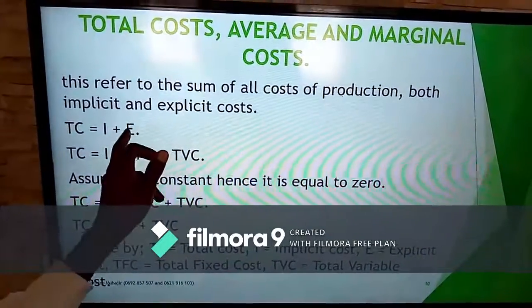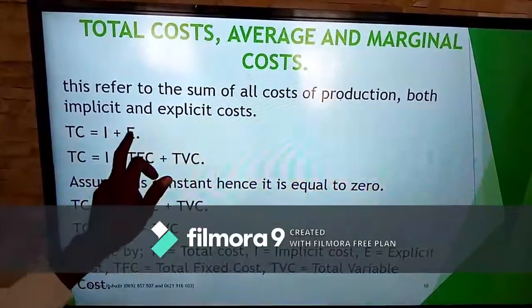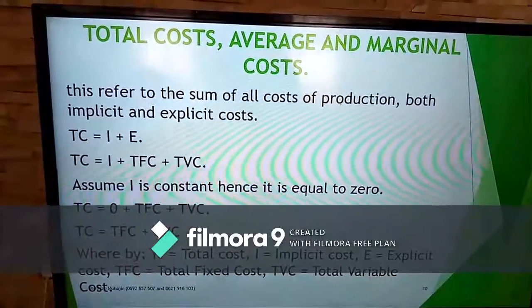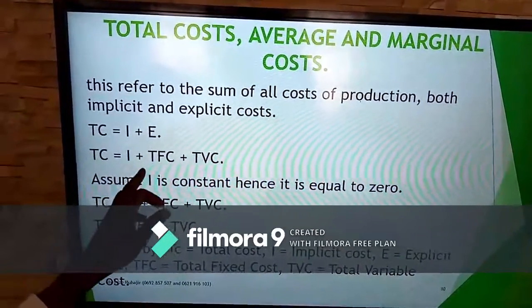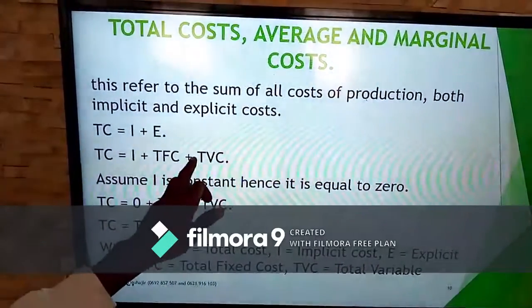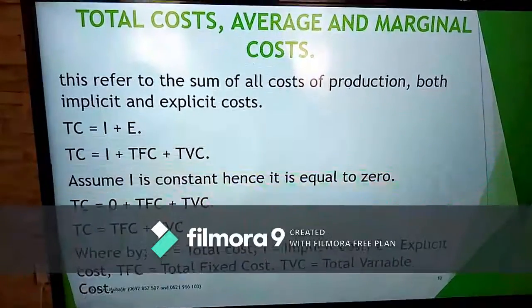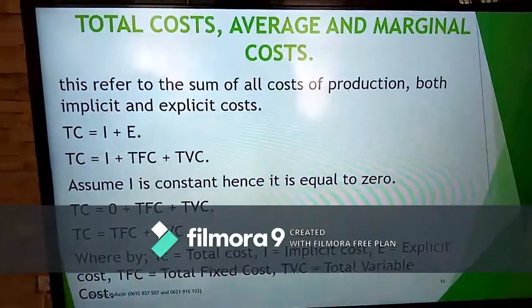But what is implicit cost? What is explicit cost? Explicit cost is the sum of total fixed cost plus total variable cost. So you can say that total cost equals implicit cost plus total fixed cost plus total variable cost. But assume that implicit cost is constant, hence it will be equal to 0.